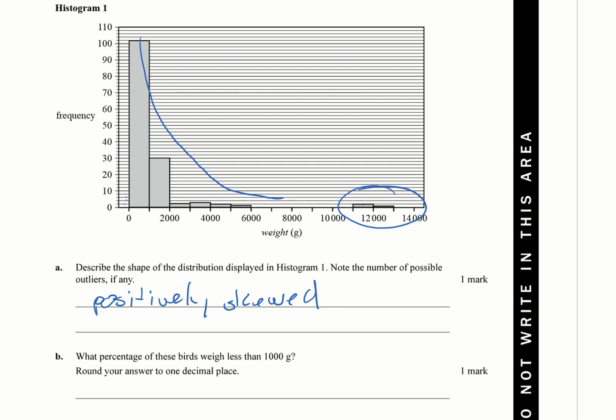So 2 there, 1 there. So with 3 possible outliers. Oops, can't spell properly. All right, so 3 possible outliers.